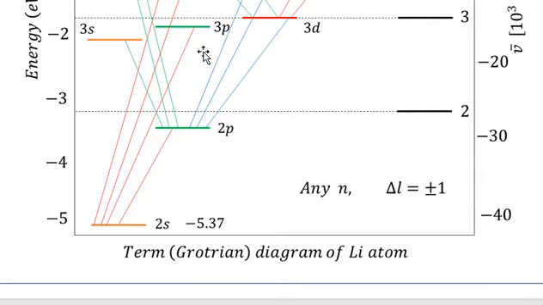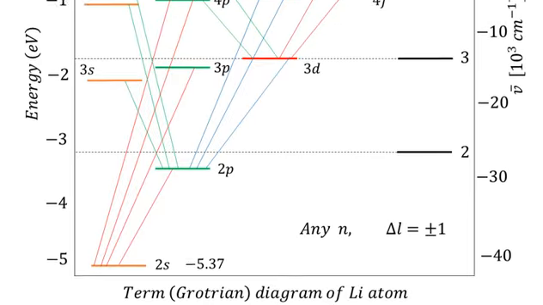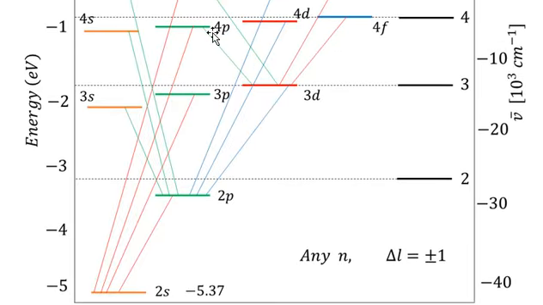So the difference between 2s and 2p is delta L equal to plus or minus 1. Then from 2s to 3p, the principal quantum number is changing, but with respect to P and S, delta L is equal to plus or minus 1. Similarly, the transition from 2s to 4p, the principal quantum number is changing.